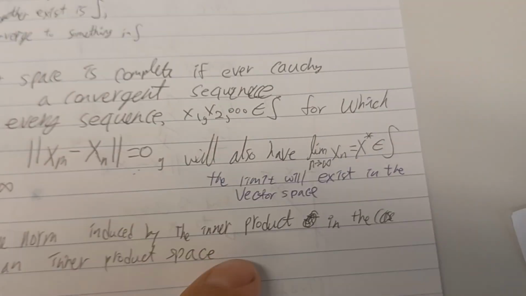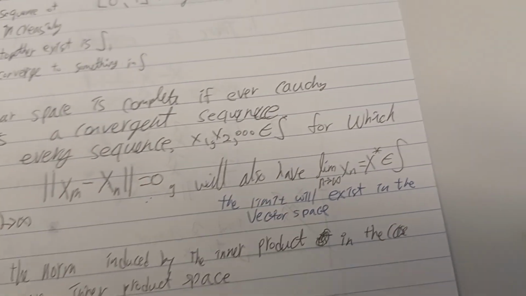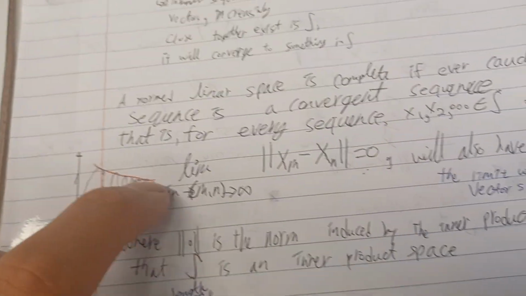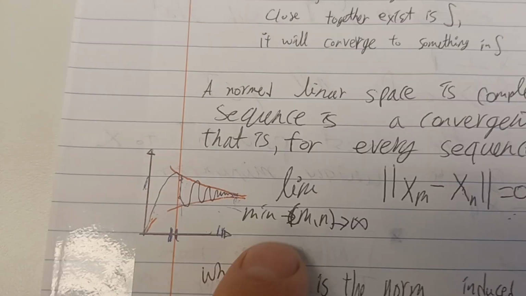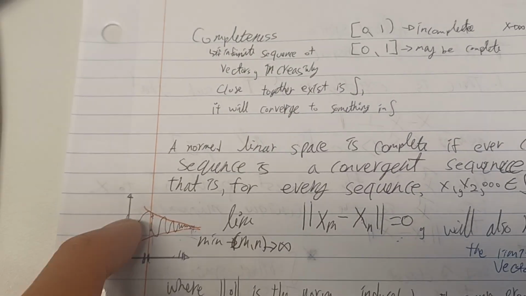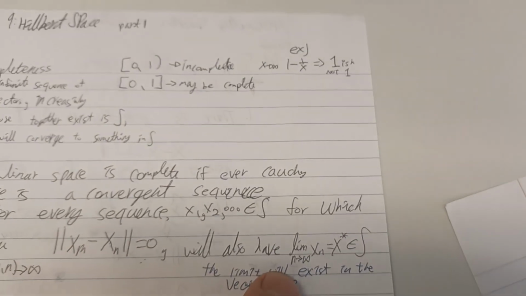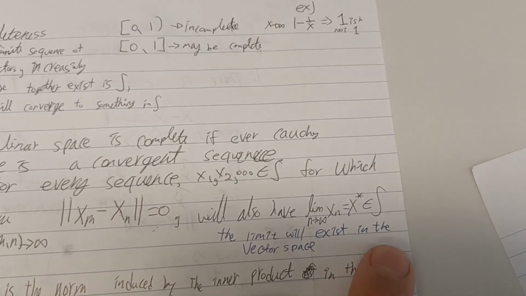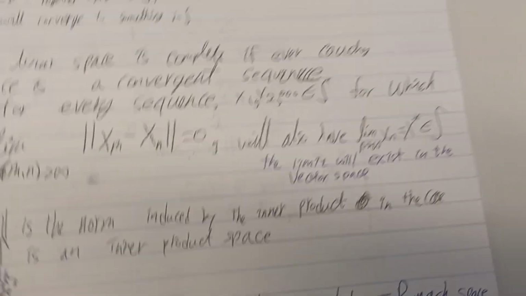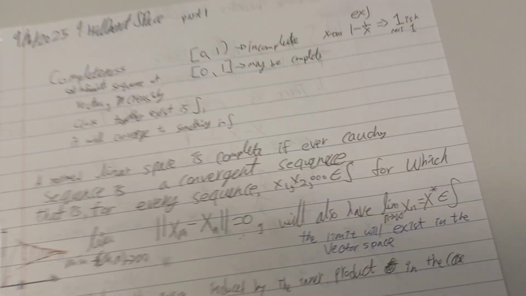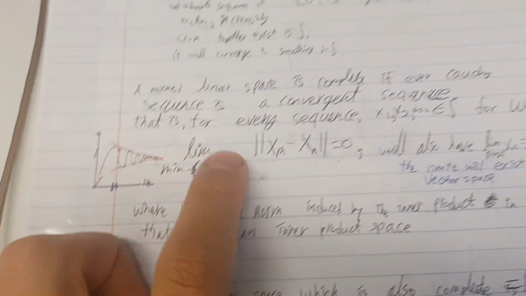So the limit, this converging point of this value, will be included in this vector space. The limit will exist in the vector space if they look like this. In this case, the limit exists in the subspace or the vector space.